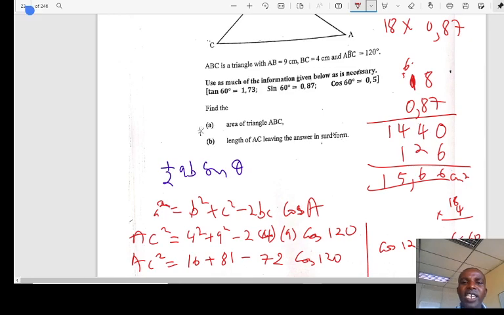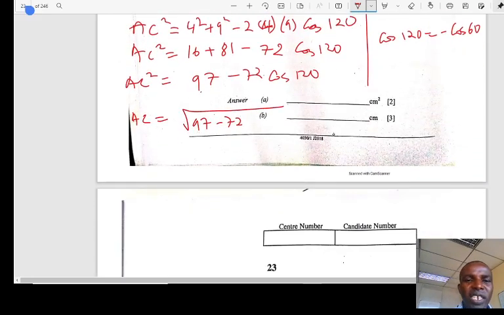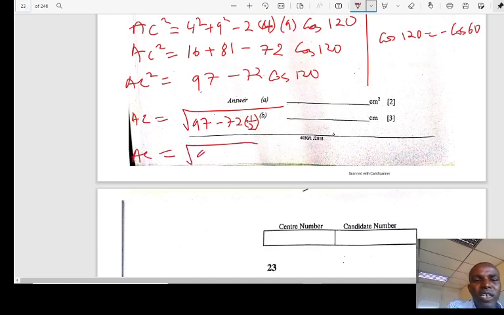In this case, it's minus half. So you put minus half here. Then after that, you simplify. AC is equal to the square root of 97. Minus times minus will be a plus. So 2 into 72 is 36. Then it will be the square root of 97 plus 36.